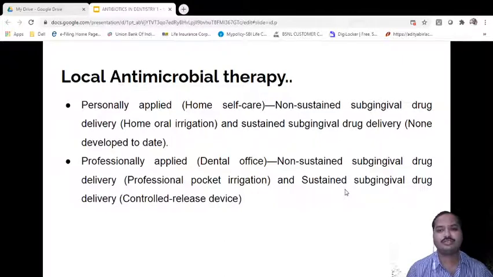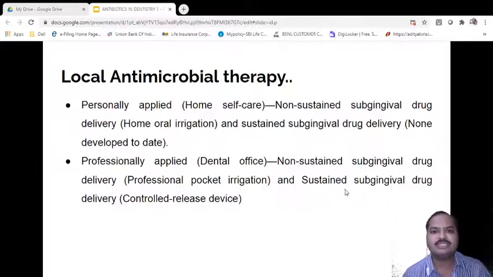Then the professionally applied or dental office type of local antimicrobial therapy, where the non-sustained type of drug delivery is pocket irrigation by the professional, and the sustained type is the controlled release device which can be applied by the dentist into the pocket. The patient cannot do it.